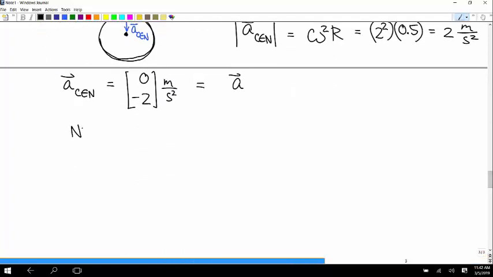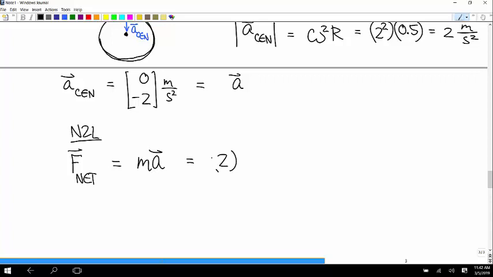And now Newton's second law says the net force vector is equal to the mass times the acceleration of the object. What did I say the mass was? 2.